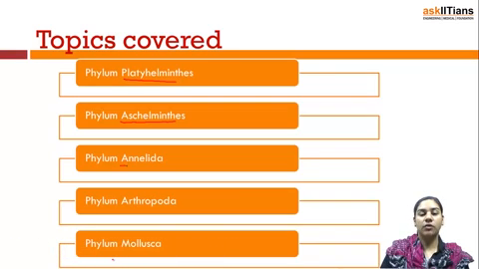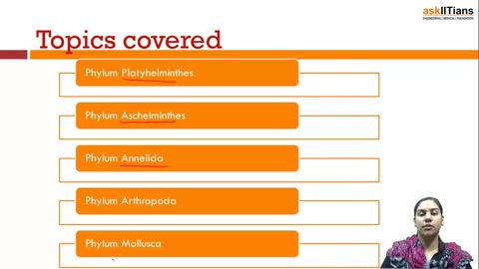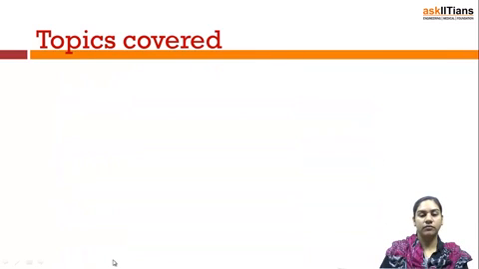Then we'll discuss the phylum Annelida. These are also round cylindrical animals, but they have metamerism, that means segmentation in their body. Then we'll discuss the phylum Arthropoda, the largest phylum, which includes the insects. Then we'll move on to the phylum Mollusca, which includes all the soft-bodied animals.